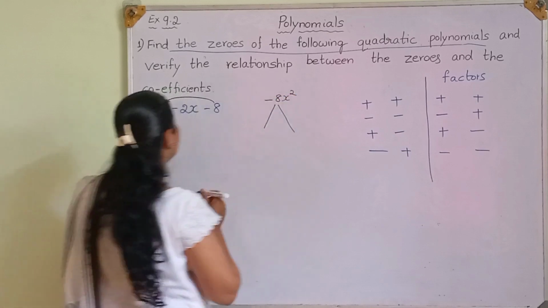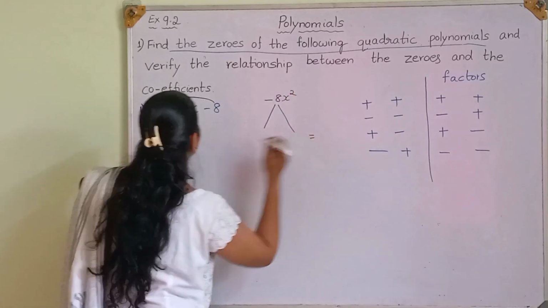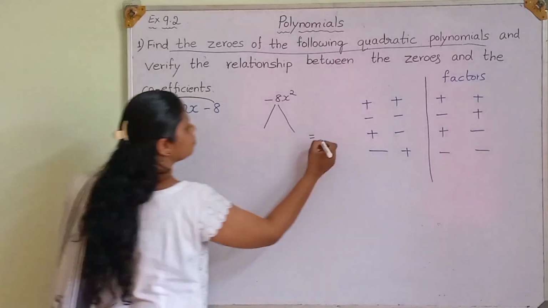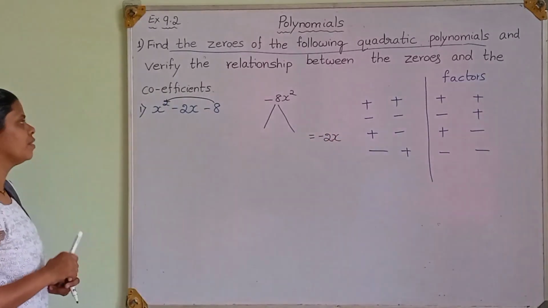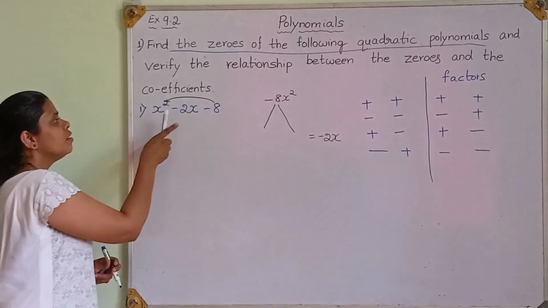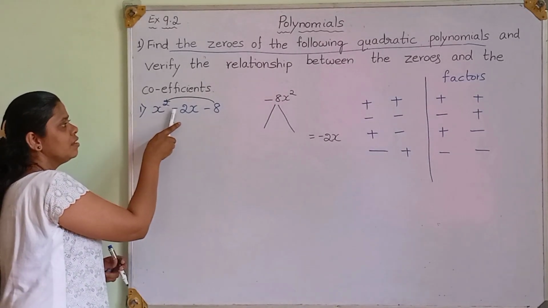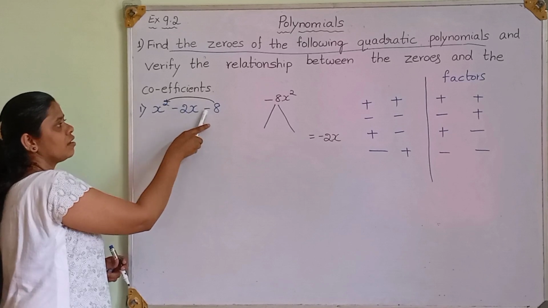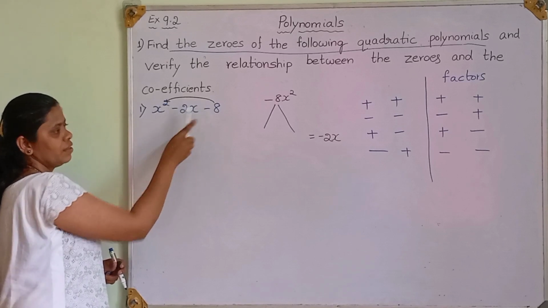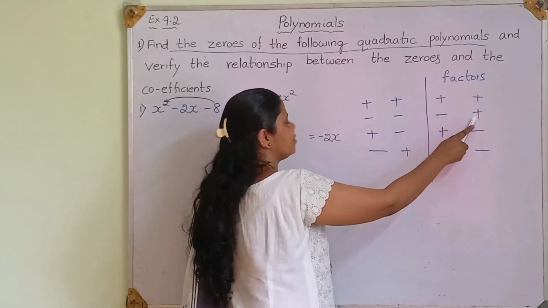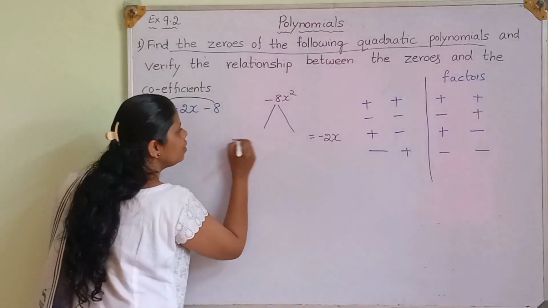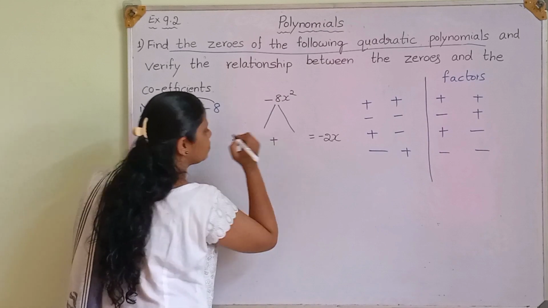The middle term is minus 2x. I already told you, observe the symbols here and here, that is minus minus. When it is minus minus, we have to write minus plus. Without thinking, write here minus plus.